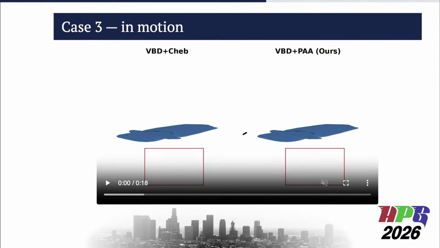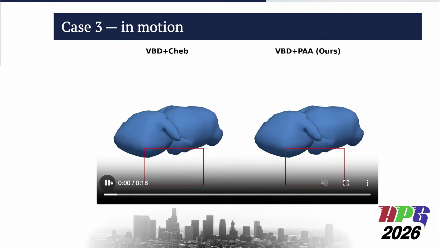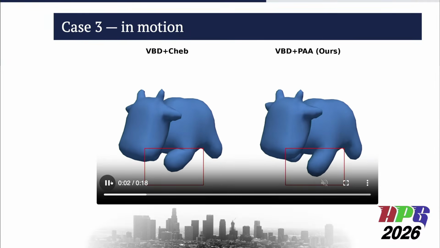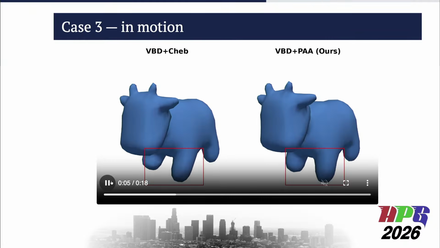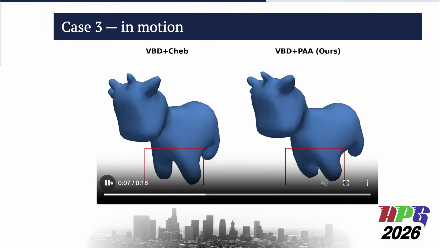And this is another example where an object is flattened and it tries to bounce up and resume its shape.